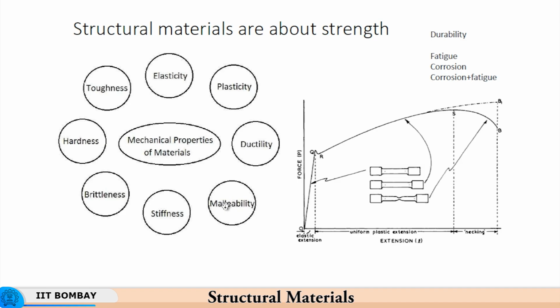So, this way you are able to quantify the properties. Hardness is again related with the yield strength, because hardness essentially is related with resistance to deformation. The more the resistance to deformation, the more the hardness. Something is harder to deform and therefore it has more resistance to deformation.